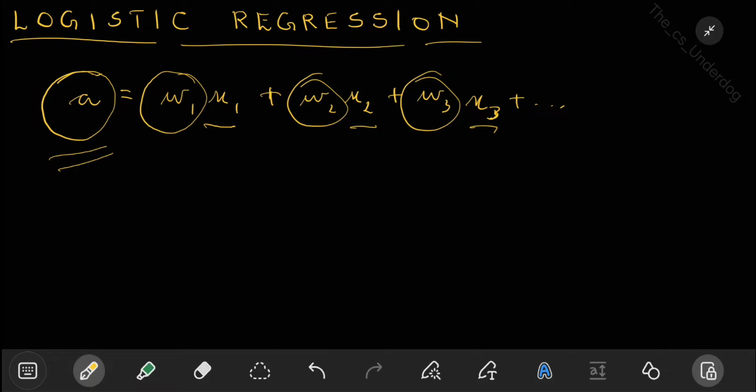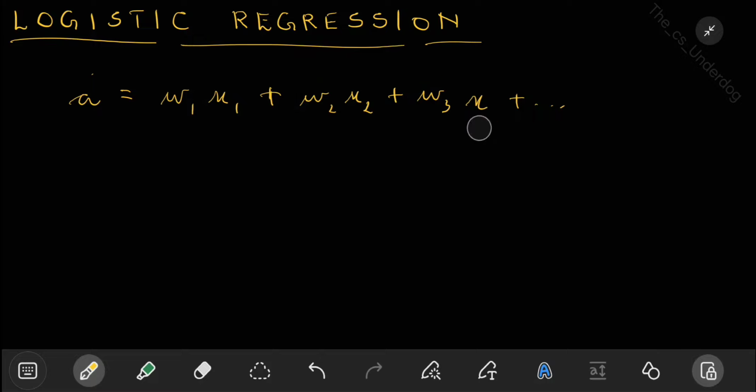You want to find the class to which it belongs. That is, generally you want to find whether this input, let's say x1, x2, x3, belongs to class 1 or class 2, or maybe you will say 0 or 1. In this case, instead of this real value, you want something else. You should be able to classify.